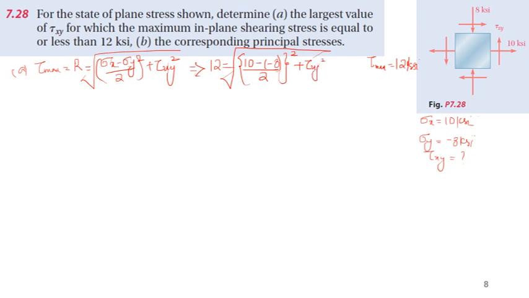Now, if you solve it, tau xy is equal to the square root of 12 squared minus 9 squared, where 18 divided by 2 is 9, and that is equal to 7.94 ksi.